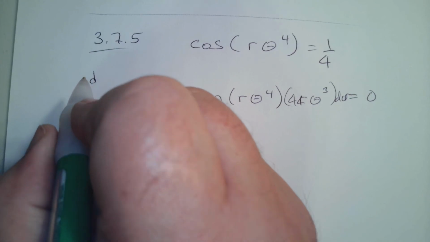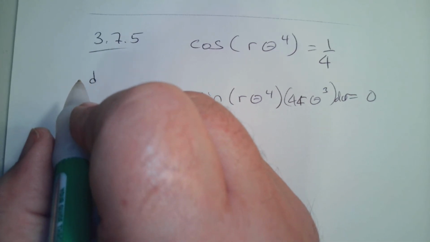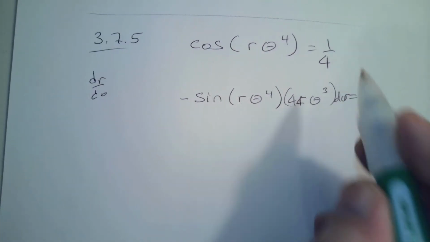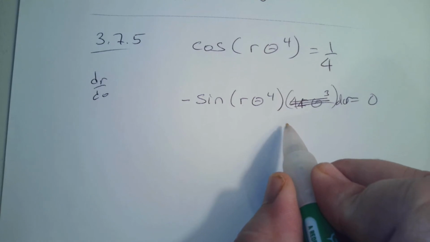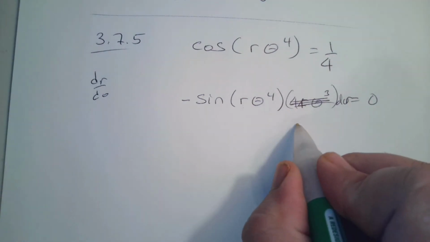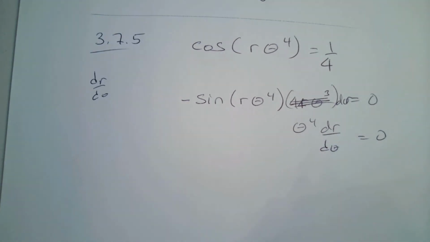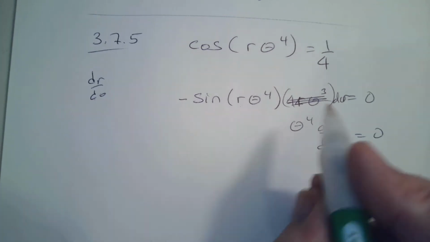We have to find what's this say? It says dr d theta. So I'm taking with respect to r. So this one's going to be derivative of r is just 1, so it's theta to the fourth dr d theta equals 0. With respect to what's on the bottom, I had it right earlier.